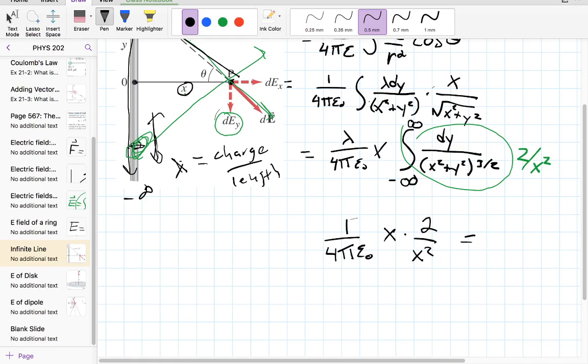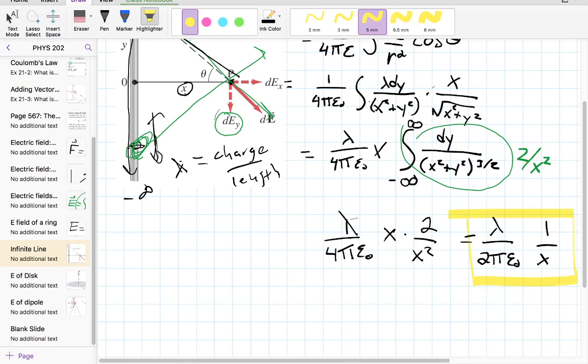We should have a lambda here, which is equal to lambda over 2 pi epsilon naught, times 1 over x. And that is our final answer. So the electric field is proportional to the charge density. That makes sense. And it is proportional to 1 over the distance from the line.